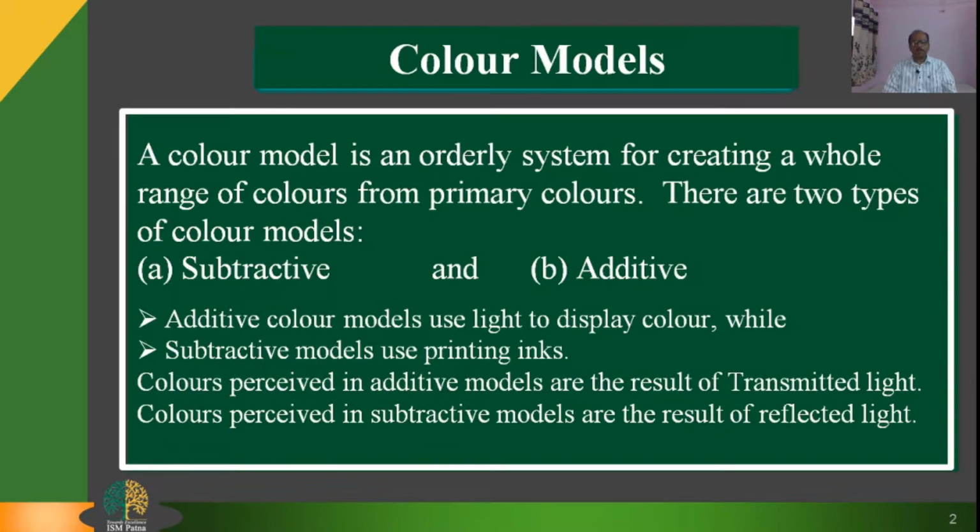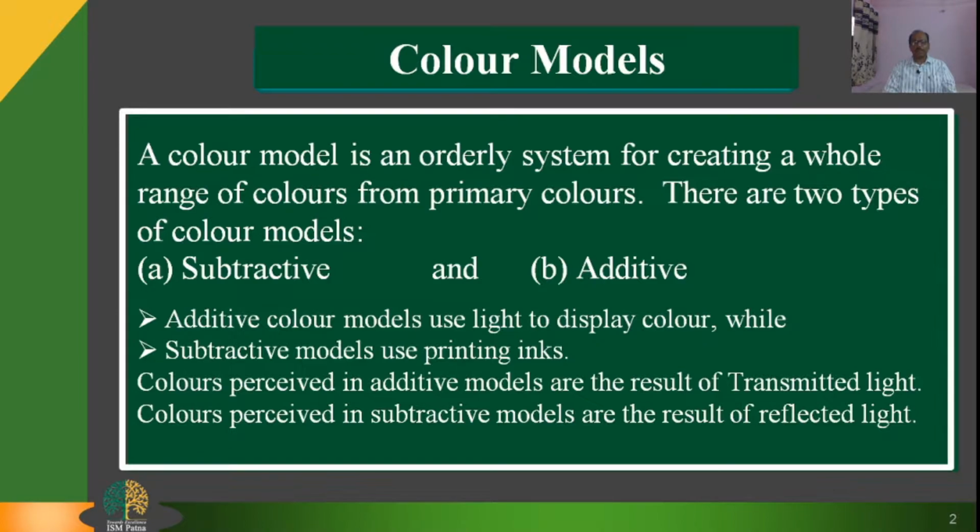Additive color models use light to display color, while subtractive models use printing inks. Colors perceived in additive models are the result of transmitted light.